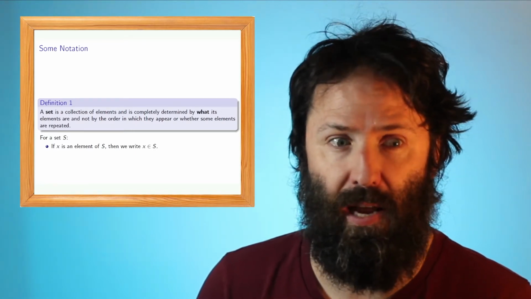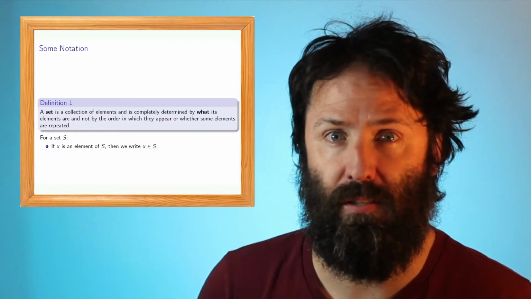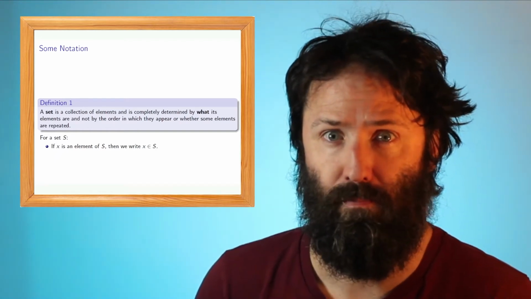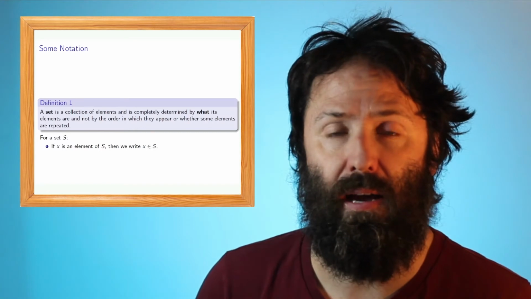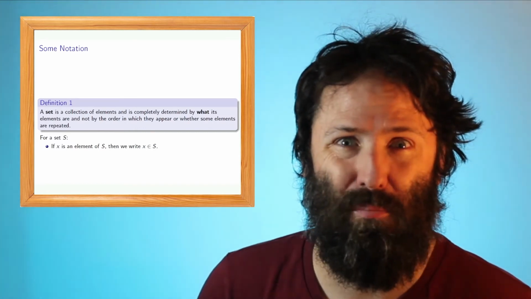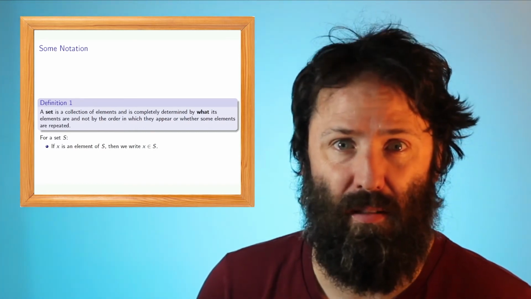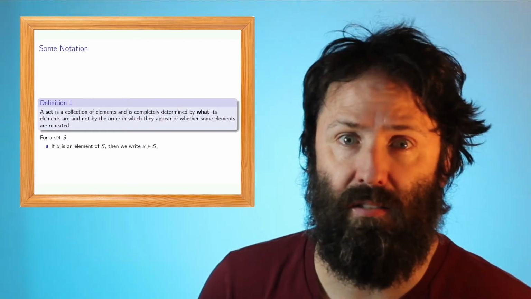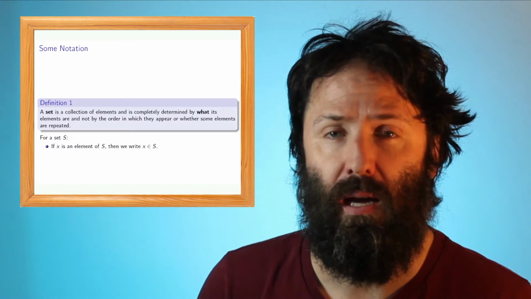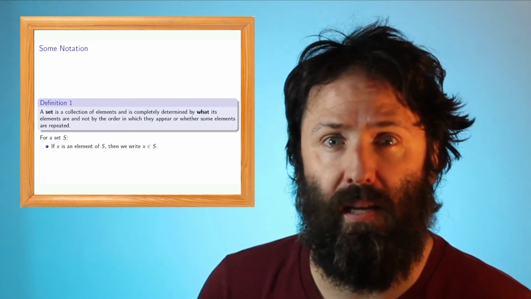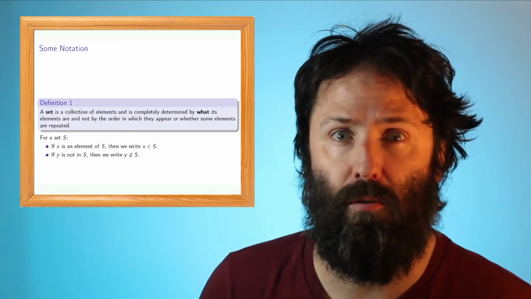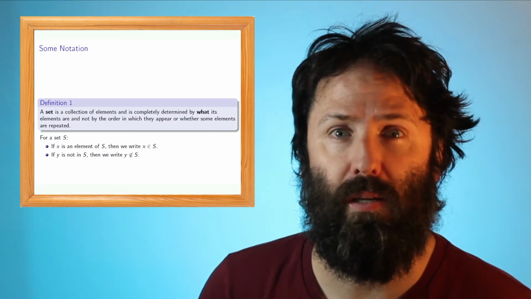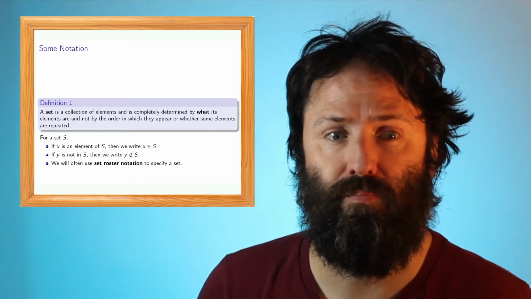So here I'm saying x is an element of S. It's one of those objects in S. And I use this kind of E-looking symbol to represent that. If I read that, it says x is in S. That's what that symbol means. If I want to say that something's not in S, then I just put a line through it, like a not equal sign. So here I would say y is not in S.